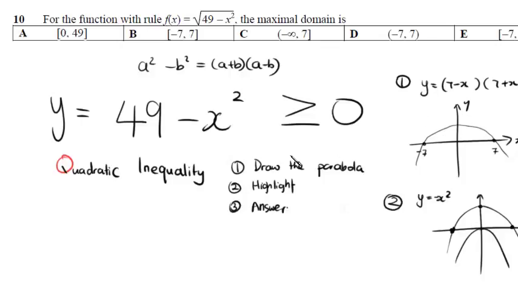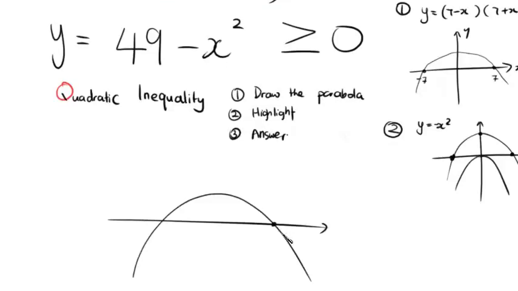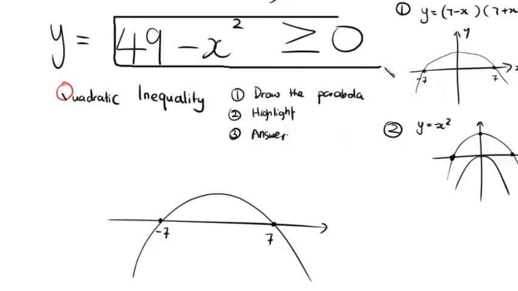Now once you have that, I'm going to draw this again. So it's like this. This is 7, this is -7. You don't really have to draw the y-axis when you do a quadratic inequality. So we have to pay attention to this bit, and it has to be greater than or equal to 0.